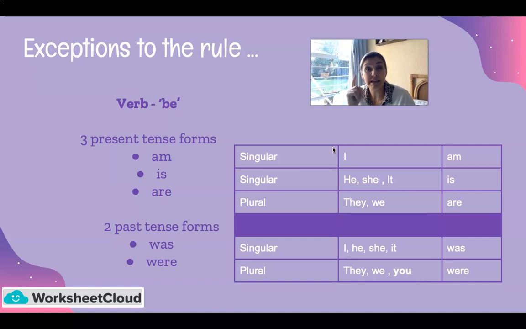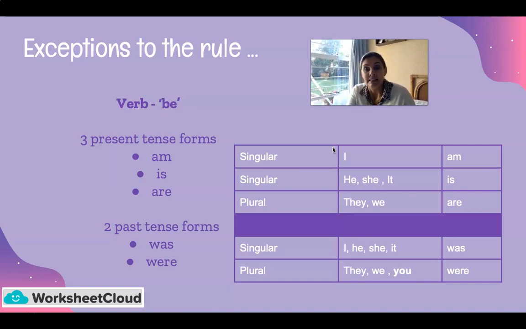One boy, the boy eats, with the S. Now we're looking at the exception to the rule in terms of the verb be. Of course, all our other verbs, play, plays, have very little change. But the word be has different forms in the present tense. Play, you can only do the one, because plays is the present tense.